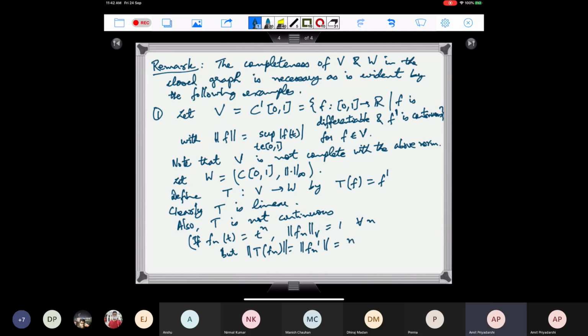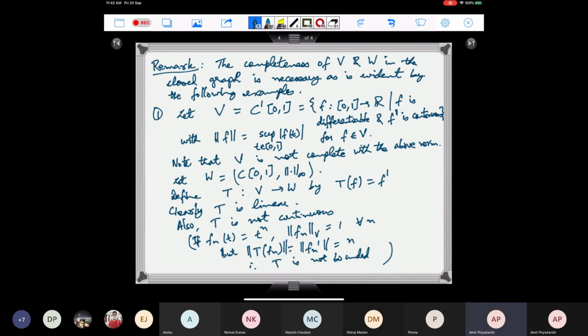So this implies that T is not bounded. So this is a linear map which is not continuous, but we can see that the graph of T is closed.